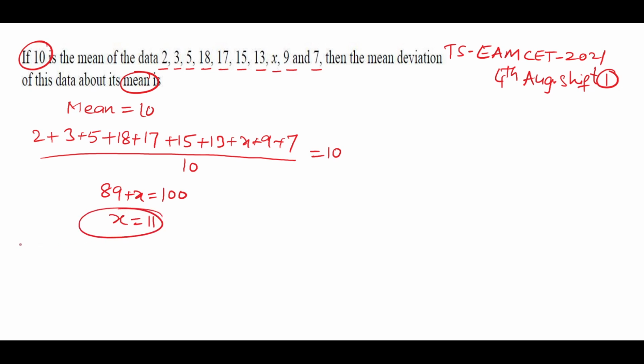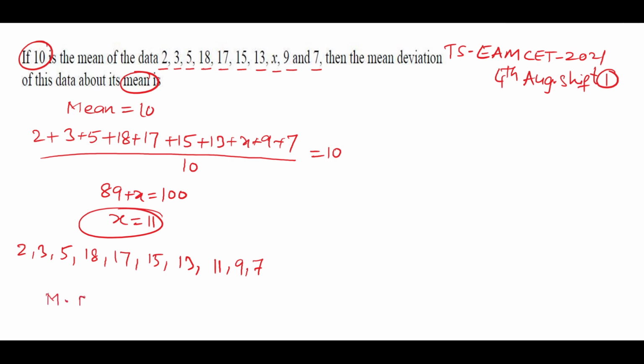Therefore, the given data is 2, 3, 5, 18, 17, 15, 13, 11, 9, 7. Now find the mean deviation about the mean.